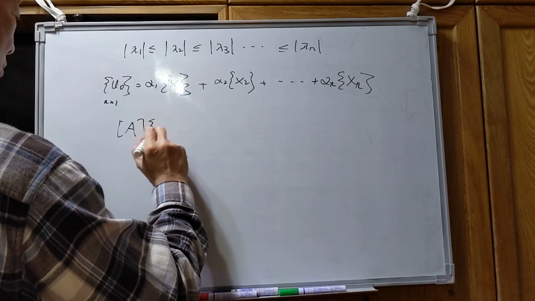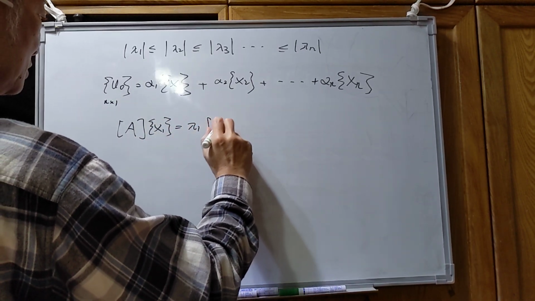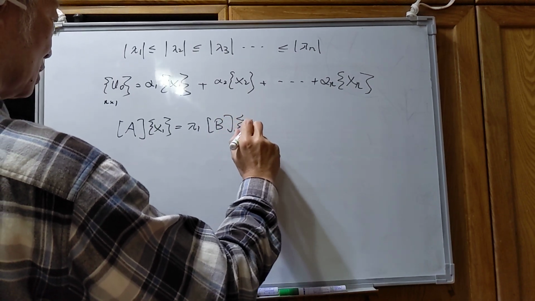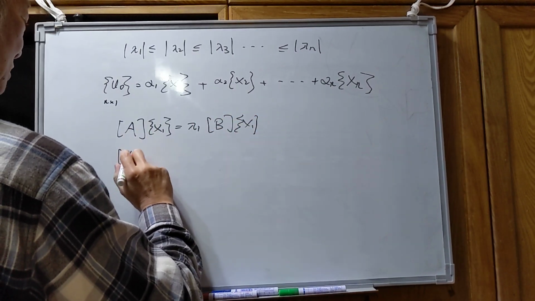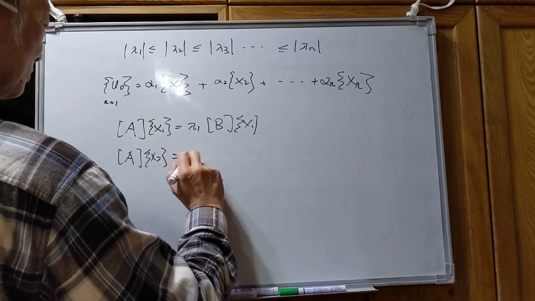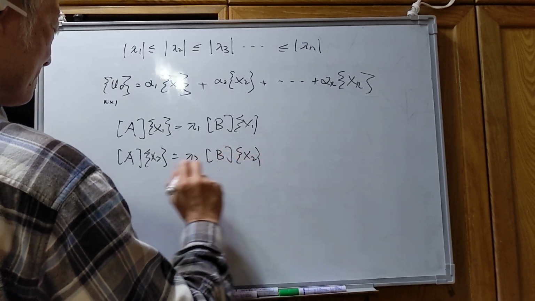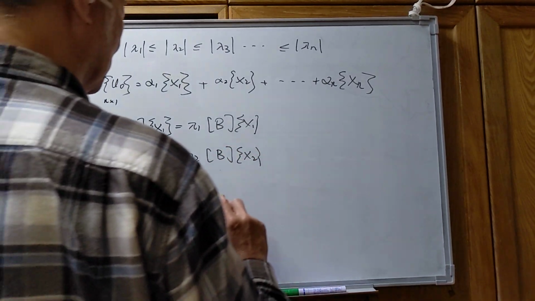A x1 is equal to lambda 1 B x1, and A x2 is equal to lambda 2 B x2.